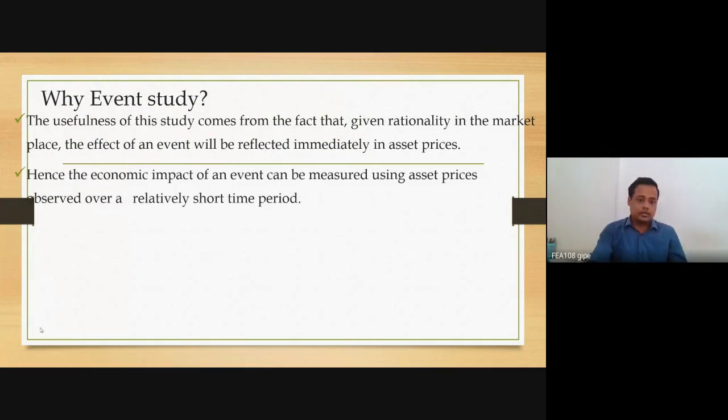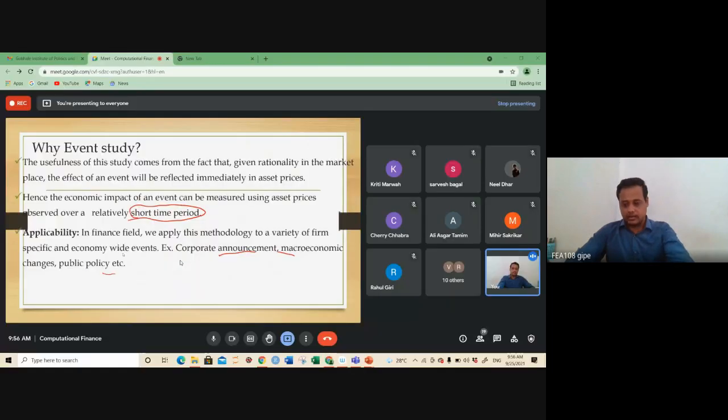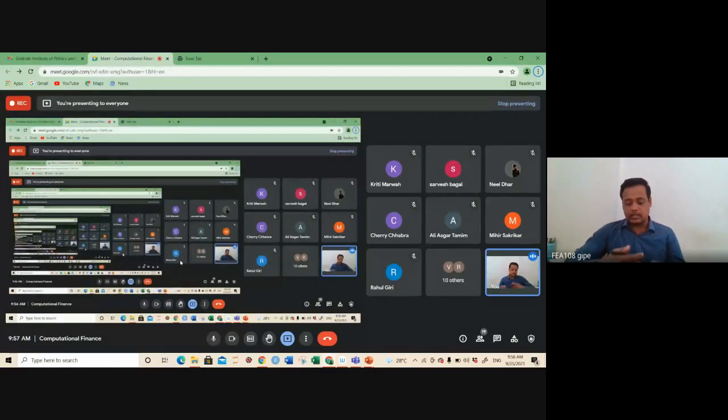So relatively we measure the impact of an event in a short period of time. We can apply it to corporate announcements, macroeconomic changes, or public policy. Take the example of T+1 now coming. With the T+1 announcement, the rolling settlement will come.